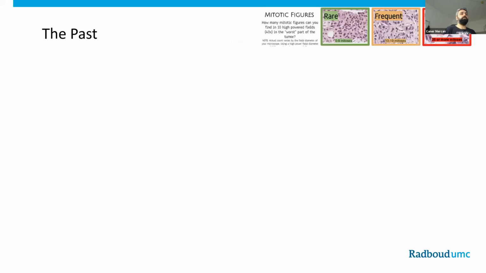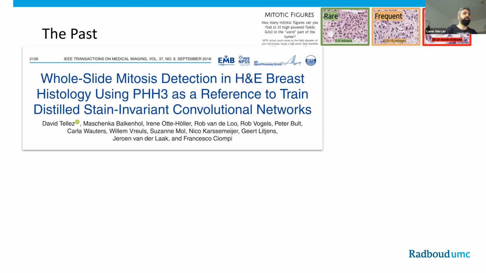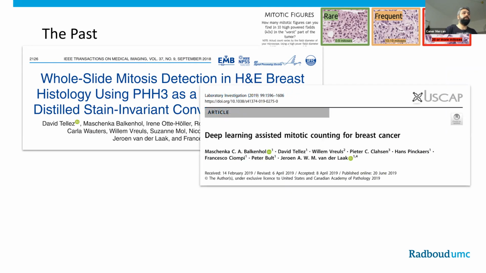So far from our group, especially related to the mitotic count component, there have been multiple deep learning based solutions. For example, with this approach from TMI in 2018. Based on this work, we actually in our group proved that what the deep learning does is quite similar to the manual counting by pathologists.